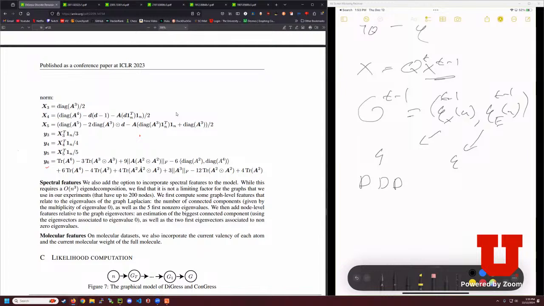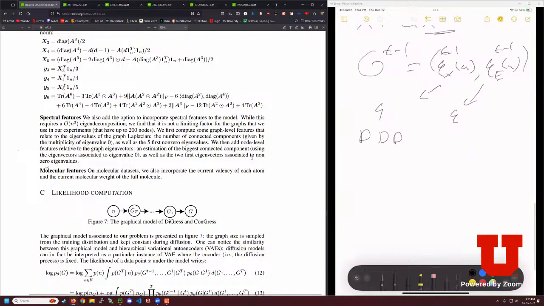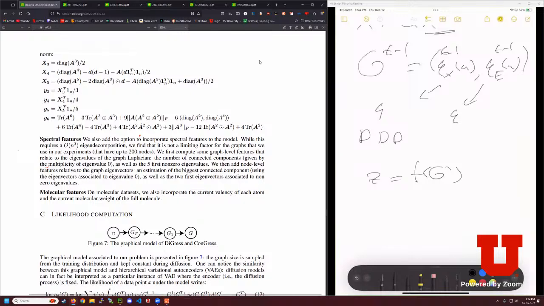And they also got y6. So this is the feature, right? This is what they call structure features. These are all the features that they were talking about, where z is equal to f of g prime.